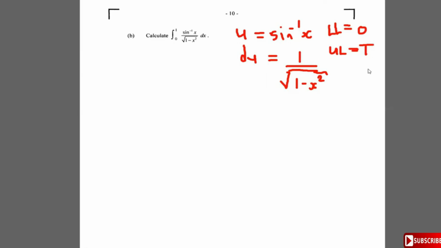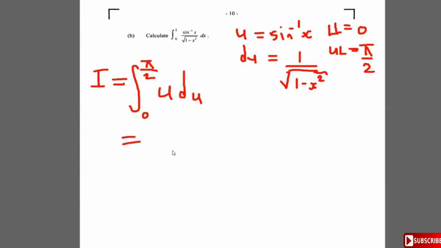So using u substitution, I like to call my integral I. So that integral I will be equal to the integral from 0 to pi by 2 of sine inverse of x, which is now u. So that's the integral of u du. That part becomes du. So when you integrate that now, you're getting u squared over 2, and we're integrating from 0 to pi by 2.